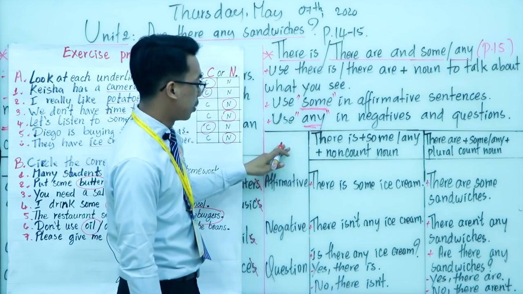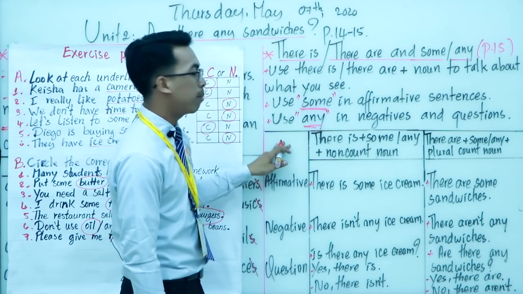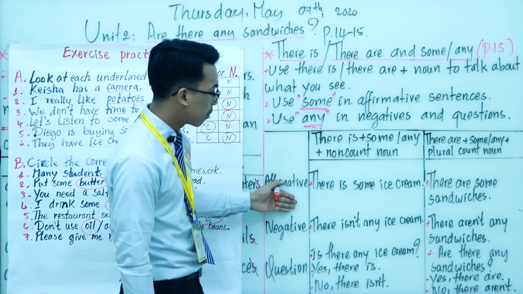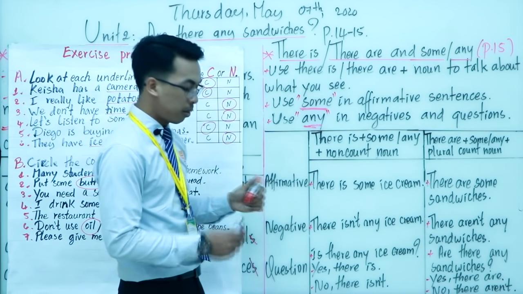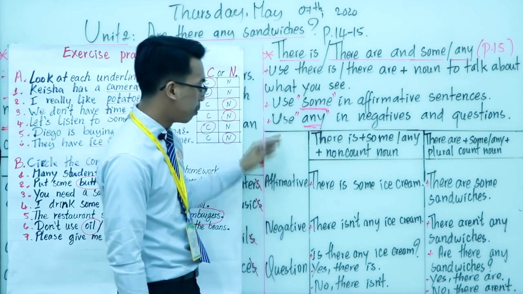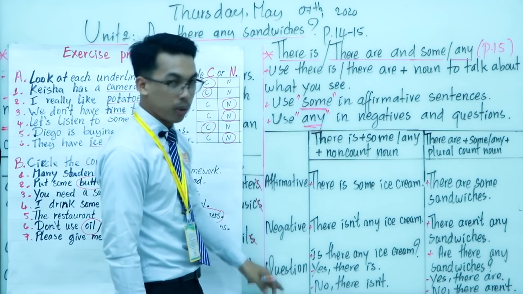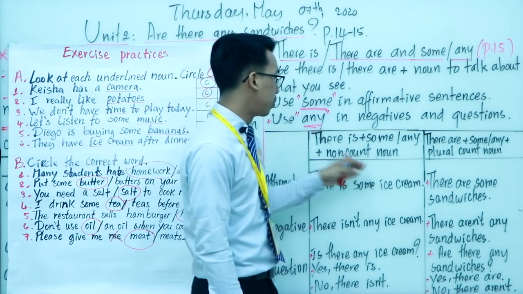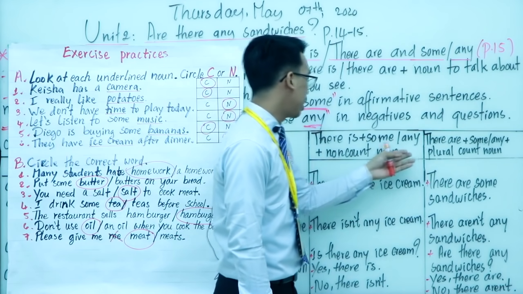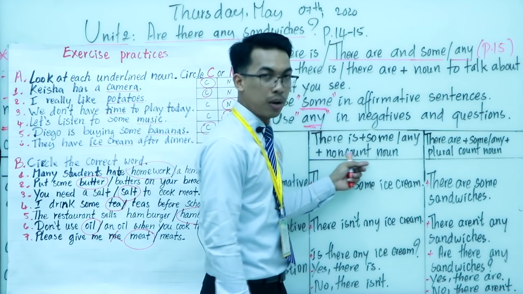So to make sure that you get familiar with this, let's move the attention to the columns here. How many columns are there? Very good. So we have three columns. This one is the form: affirmative, negative, and questions. And in here, it refers to there is plus some or any plus non-count nouns.